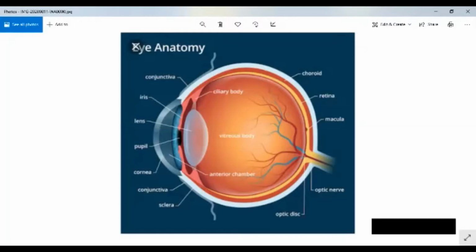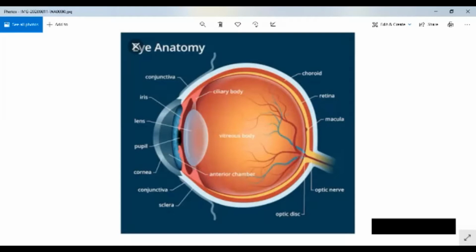Sclera is the outermost white colored layer of the eye, and it is made up of connective tissue. The middle layer is called the choroid and it consists of a large number of blood vessels. The outer white colored layer is called the sclera.